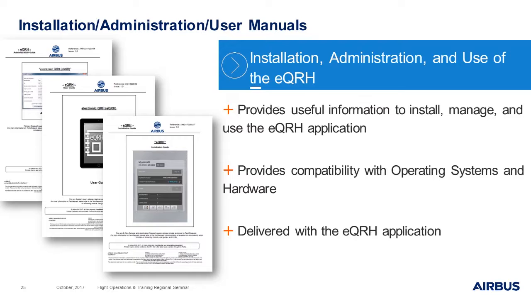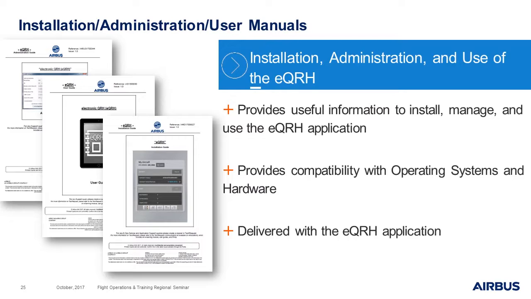First, I would like to mention that in addition to the eQRH User and Compliance Manual I have just presented to you, the eQRH is delivered with 3 important documents: the eQRH Installation Guide, the eQRH Administration Guide, and the eQRH User Guide. These 3 guides provide you with all the useful information that enable the installation, the management, and the use of the eQRH.